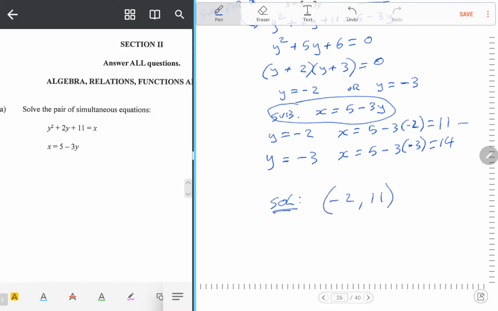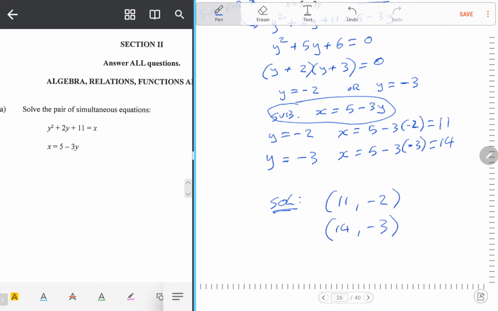But this is wrong because you have to put the y value second in the bracket all the time. That's what happened with some people in this exam: because they calculated the y value first, they put it first in the bracket. No, the x value must always come first in the bracket. So the correct way to write the solution for that point is 11, negative 2, and the other one is 14, negative 3.